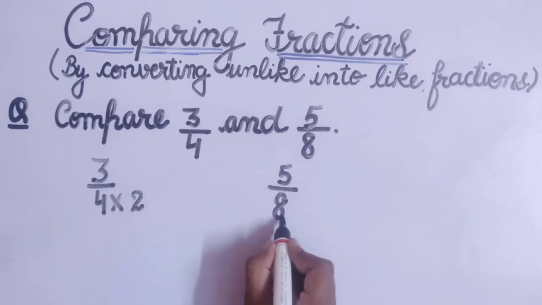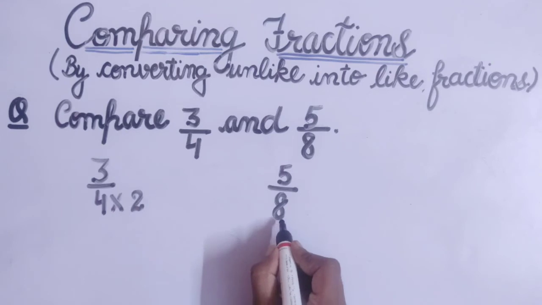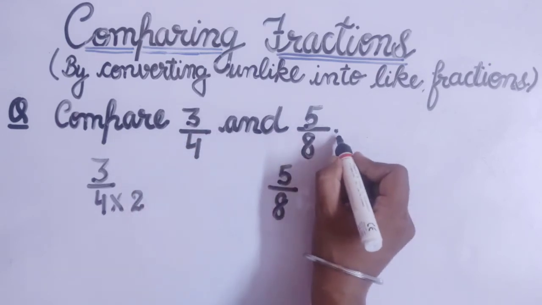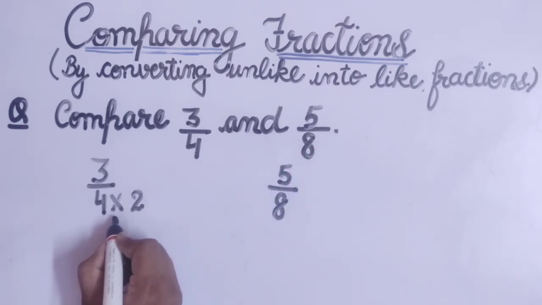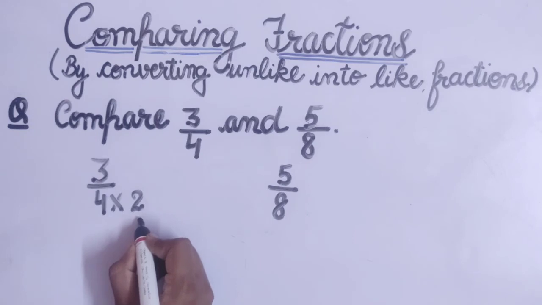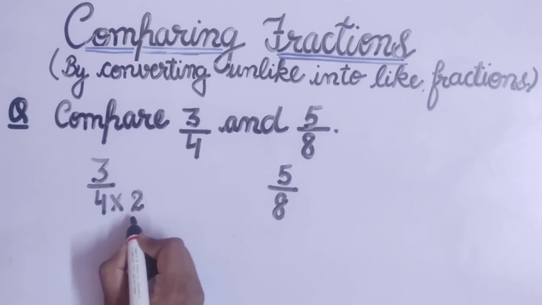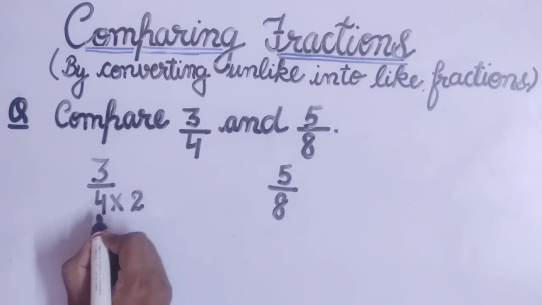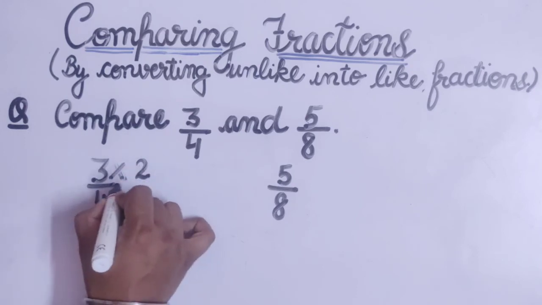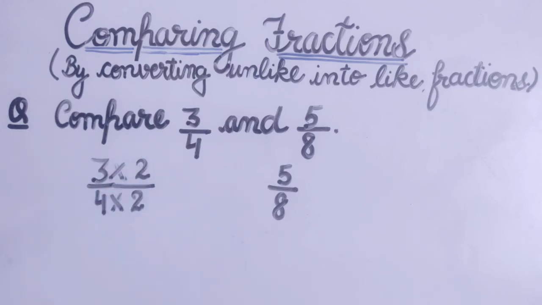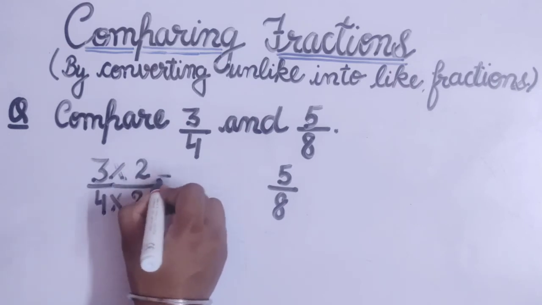If we make both denominators 8, then the denominators will be the same and we can compare the given fractions easily. So what we have to do is multiply by 2. Now it is a rule, students: if we multiply the denominator by a number, we have to multiply the numerator by the same number as well.